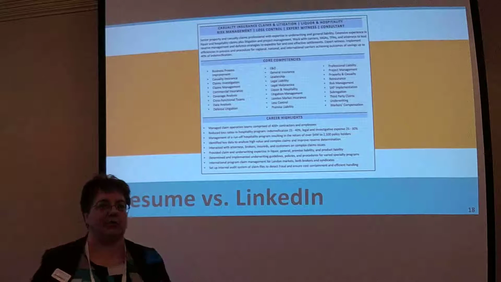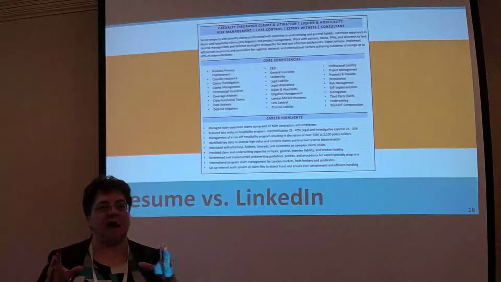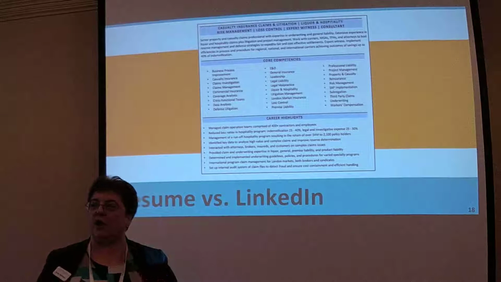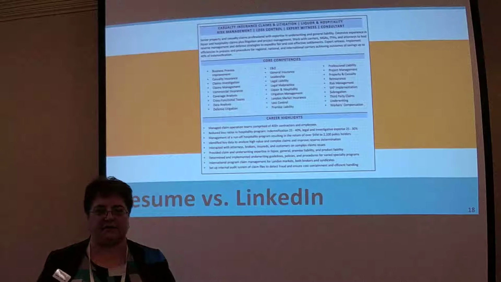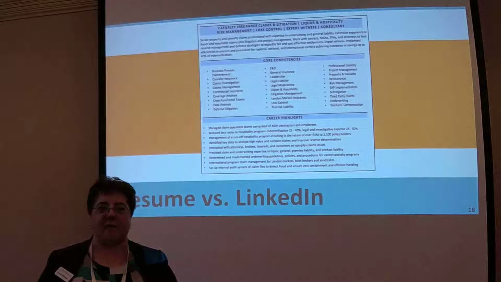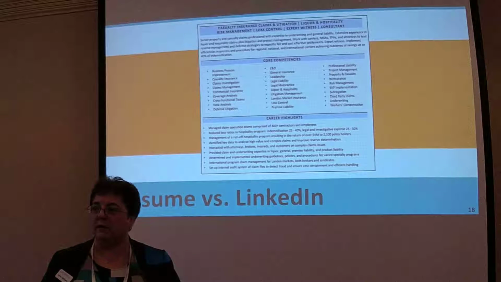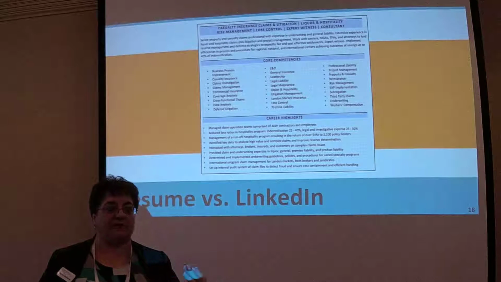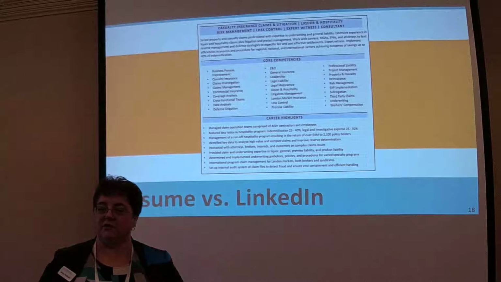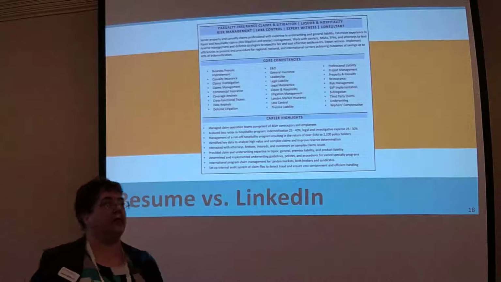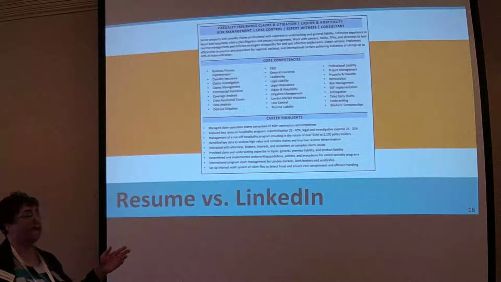That's that nonlinear reading. The hiring manager is going to want to know what the skill set is for that particular person. And if that person has 80% or more, then that might be a win. That might be a person that they might want to interview. So they're searching for logic in that, and you're making it easy for them.